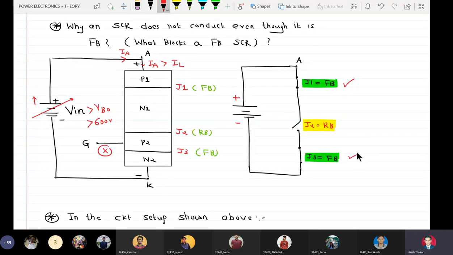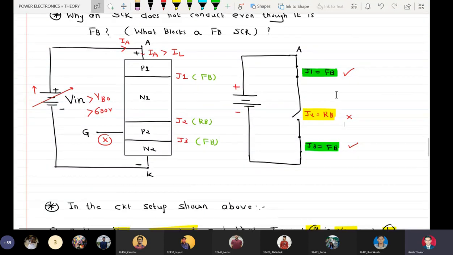So these two are in and this one is out. In Hindi we say कबाब में हड्डी है, so the J2 junction, which is reverse biased, is becoming the कबाब में हड्डी, so we will have to break it. कैसे तोड़ेंगे? गेट से तोड़ेंगे.